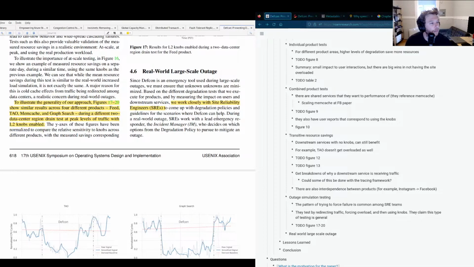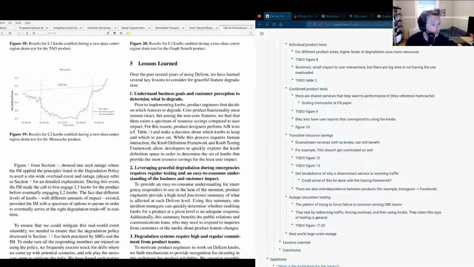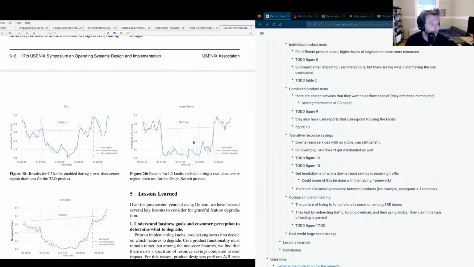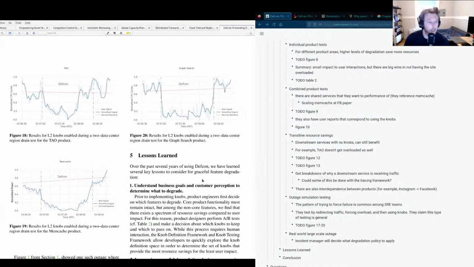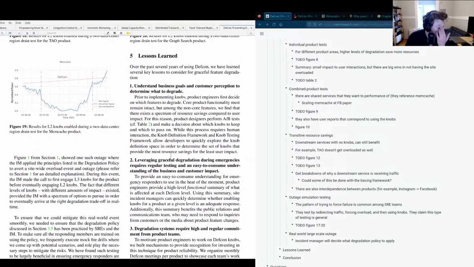So, cool. During an incident, you have an incident manager who decides what degradation policy to apply. Incident manager. Okay. Cool. So they actually went in the incident.